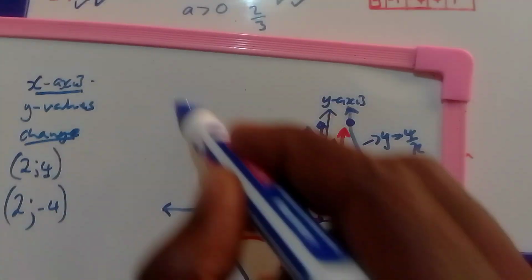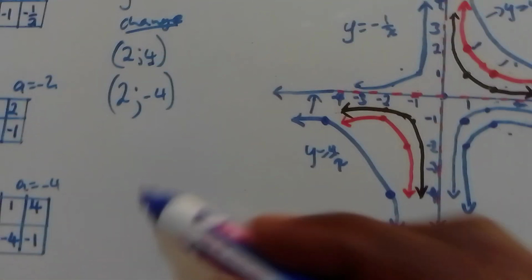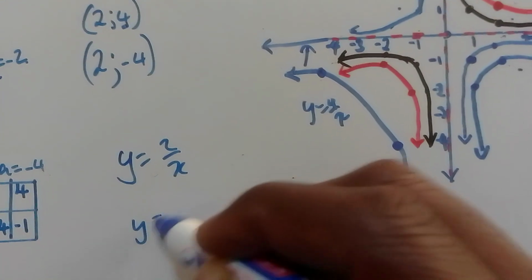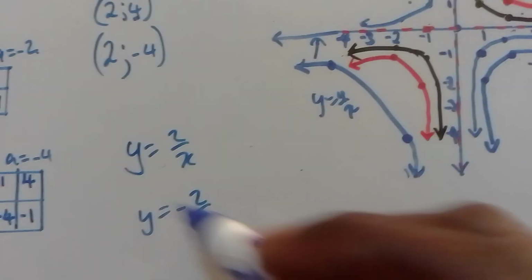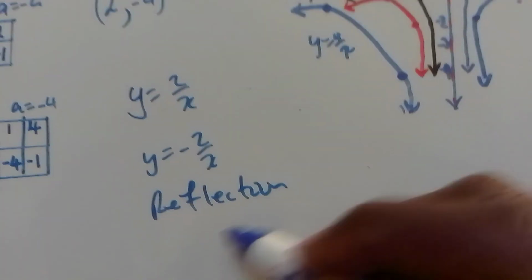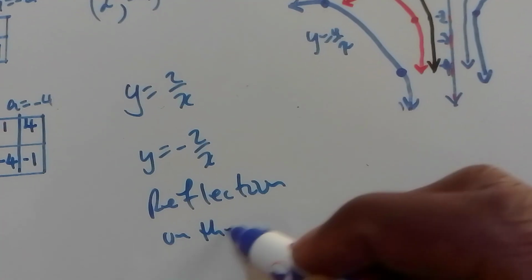So basically, whenever you are given, let's say, y is equals to 2 over x and y is equals to negative 2 over x, the reflection is happening on the x-axis.